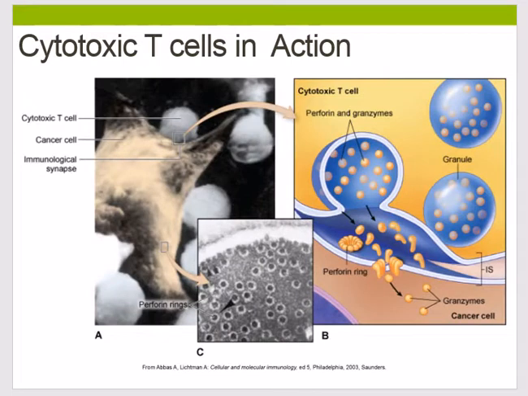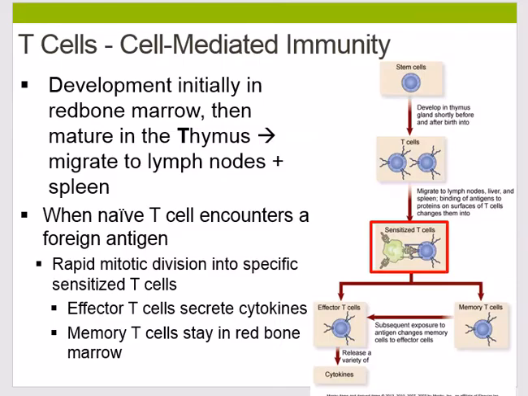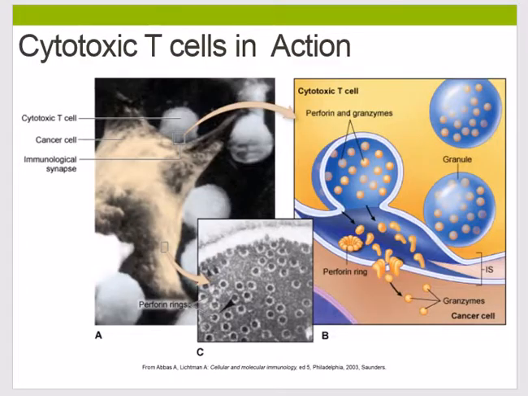Okay, so of the effector T cells that I just spoke to you about on this slide, which secrete a variety of different cytokines, are cytotoxic T cells. And these cause what's called contact killing of a target cell. So sometimes they're also referred to as killer cells.